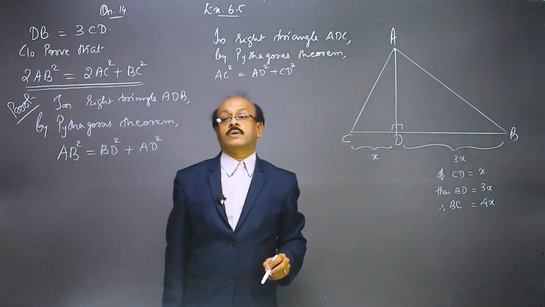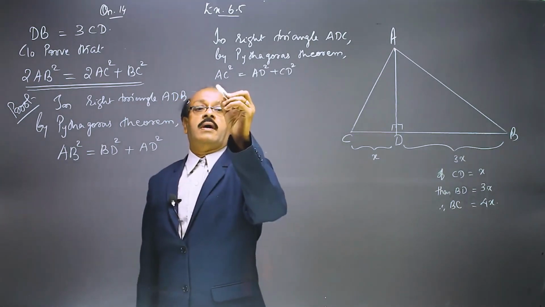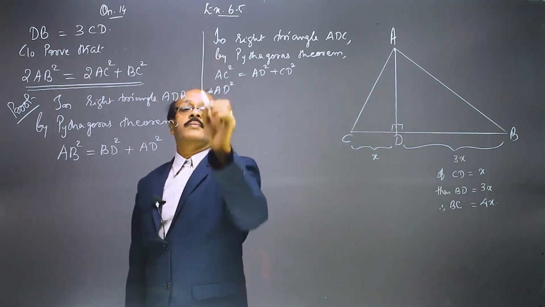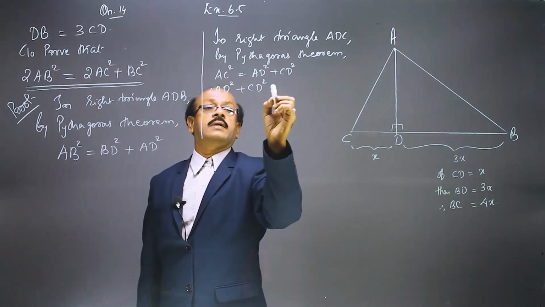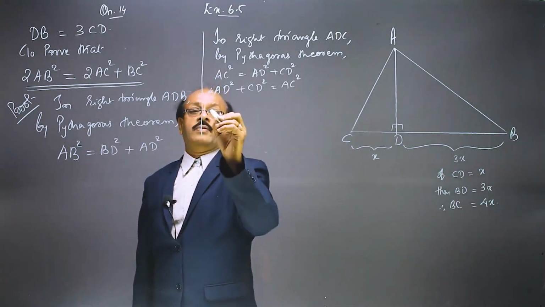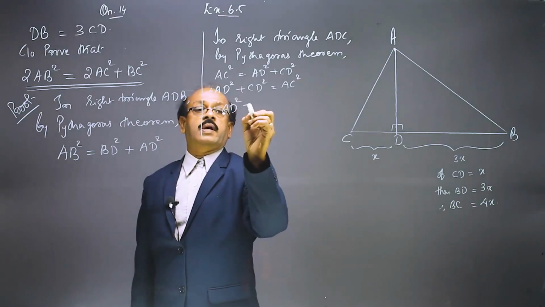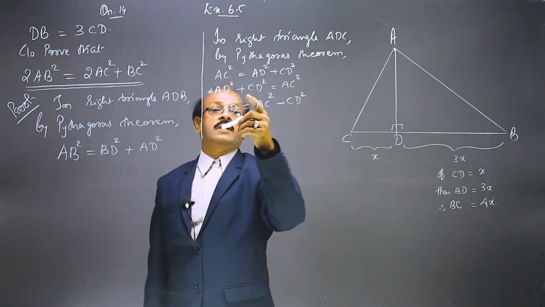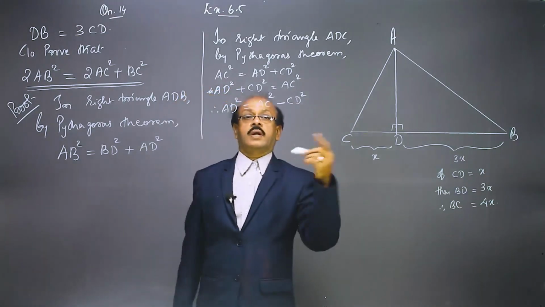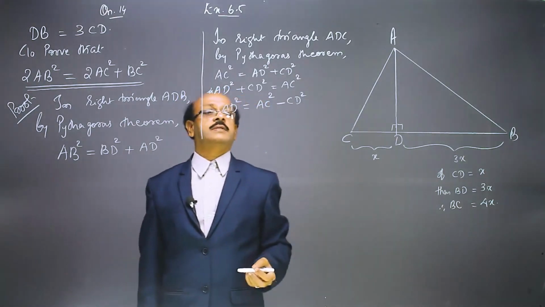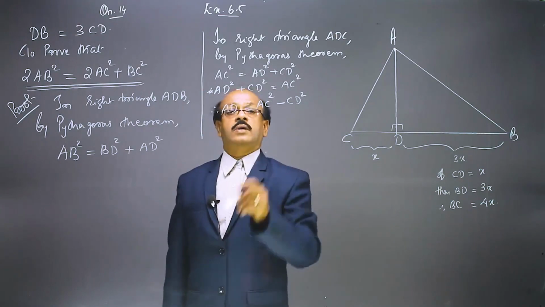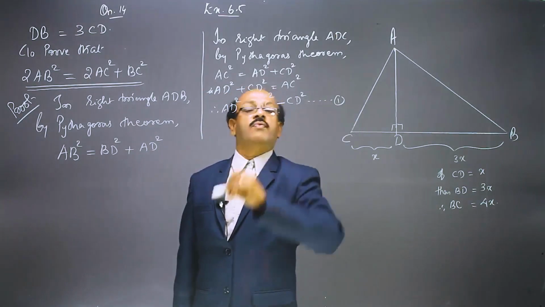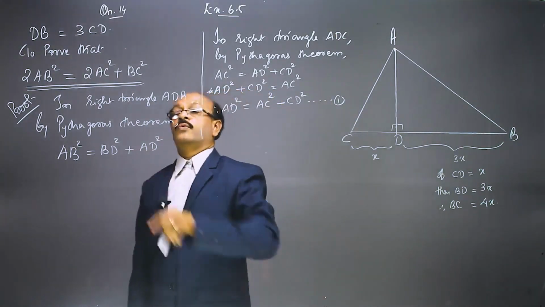So, we can write AD square plus CD square is equal to AC square. Therefore, AD square is equal to AC square minus CD square. We are taking CD square to the right side of the equal sign, then it is minus CD square. We are naming this as equation number 1.